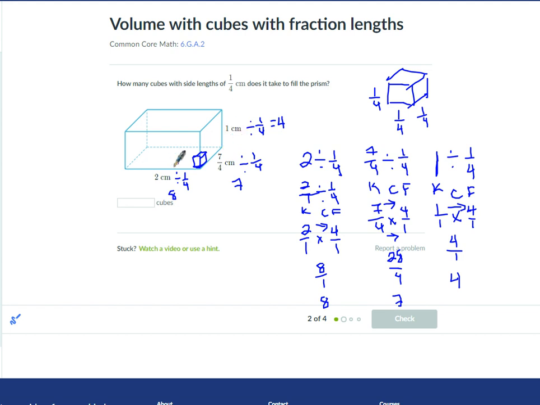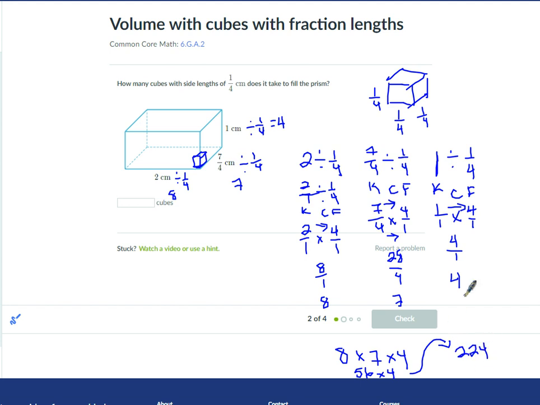So if it's 8 across the length, 7 across the width, and 4 across the height, to find the final answer, all I have to do is multiply 8 by 7 by 4. 8 times 7 is 56 times 4, and 56 times 4 would be 4 times 50 is 200, plus 4 times 6 is 24, so 224.